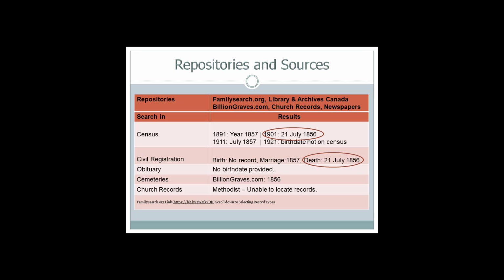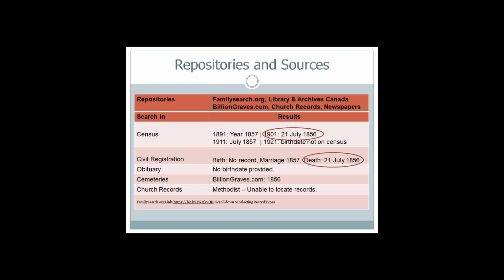Obituaries. The obituary that I received was sent to me by a cousin, and I searched the newspaper source of that obituary just to validate it. Cemeteries. I located the headstone on the BillionGraves.com website. The birth year was provided as 1856.